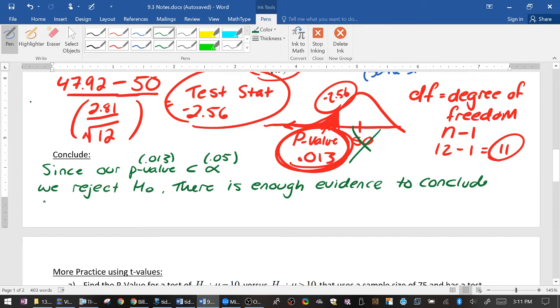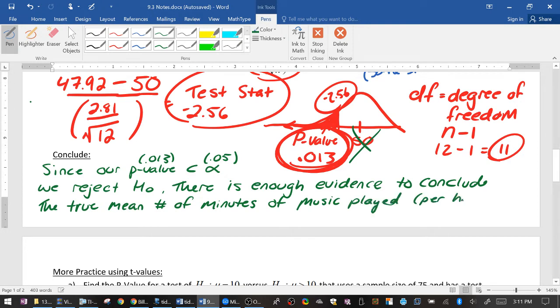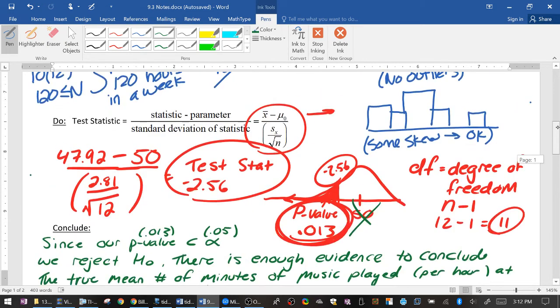We were trying to prove the true mean number of minutes of music played per hour at this station is below 50. So technically what we were trying to prove from the very beginning was correct.